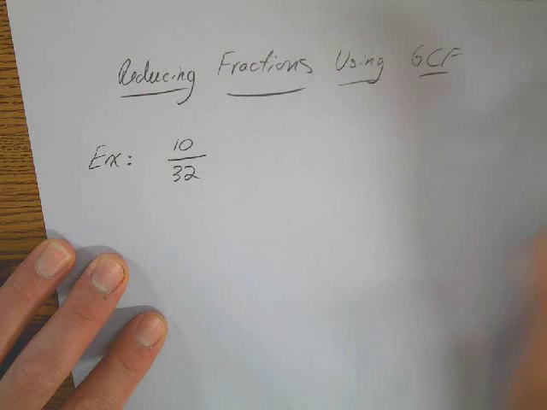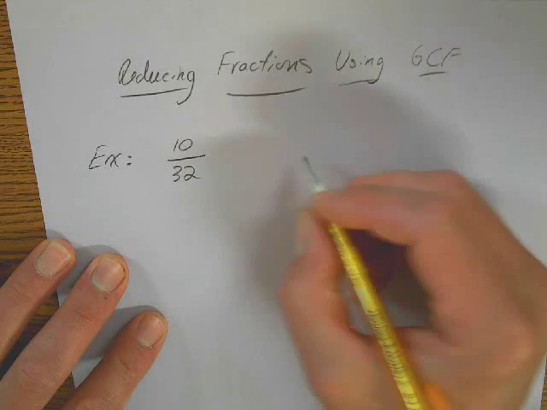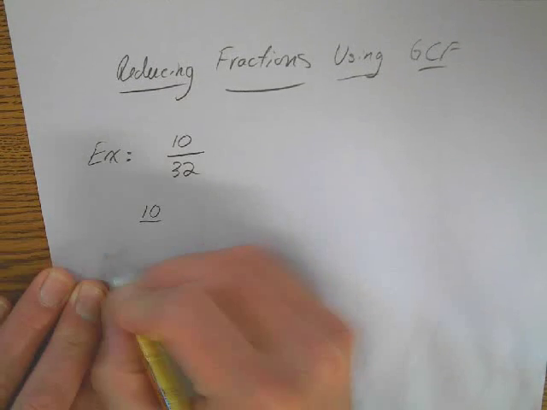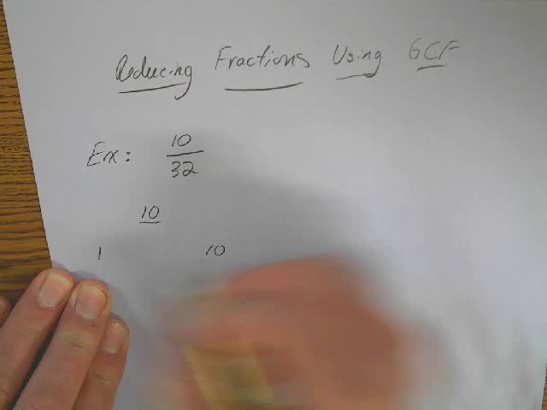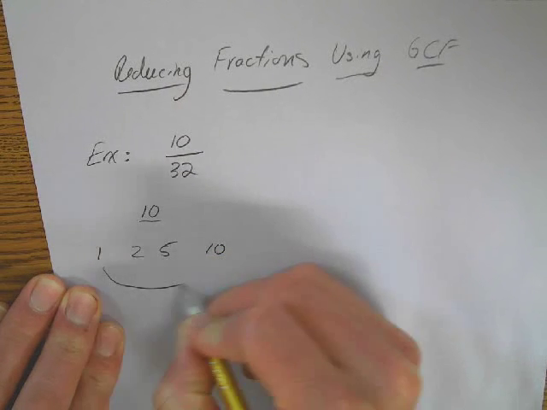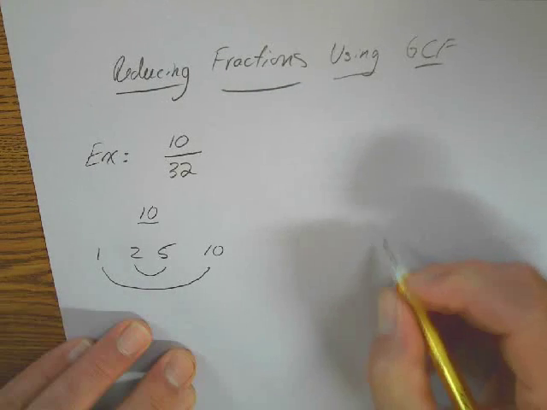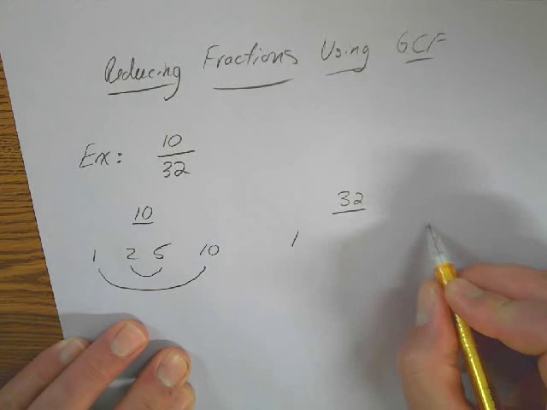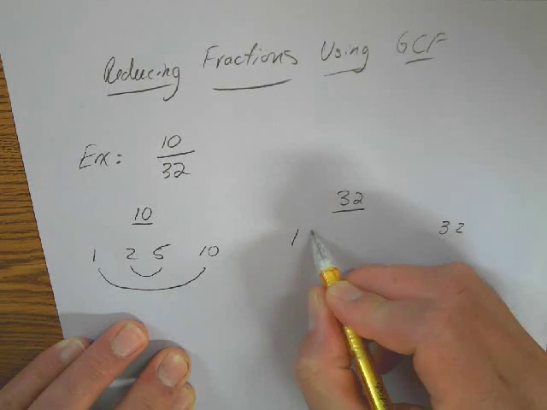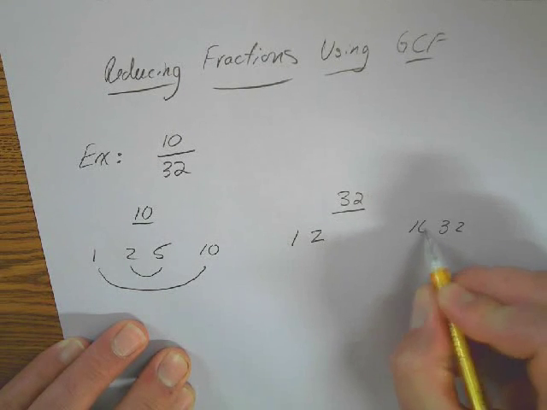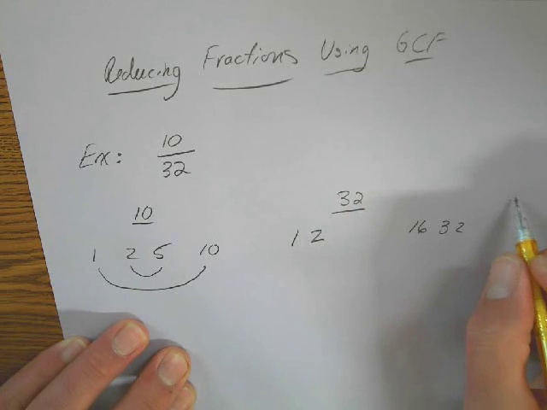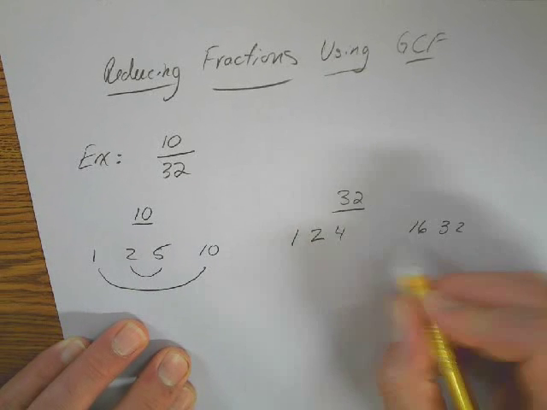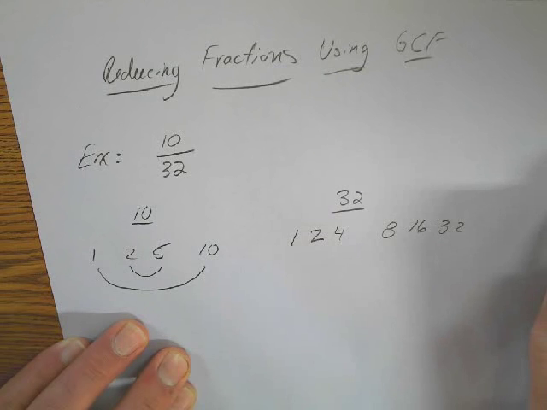So we're going to start with finding the factors of 10. So we've got 1 and 10, 2 and 5. So those are our factors of 10. And then for 32, we've got 1 and 32, 2 times 16. 3 is not going to work. 4 and 8. 5 won't work, and 6 won't work, and 7 won't work, and so we're back to 8 here.